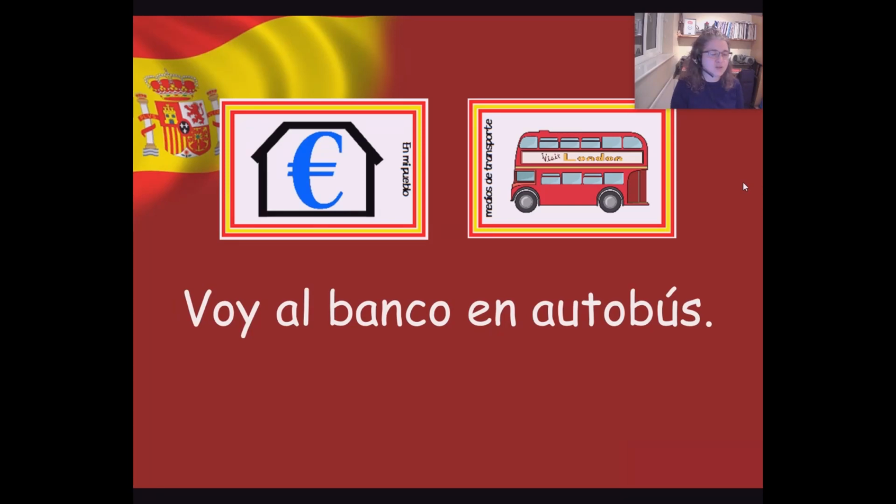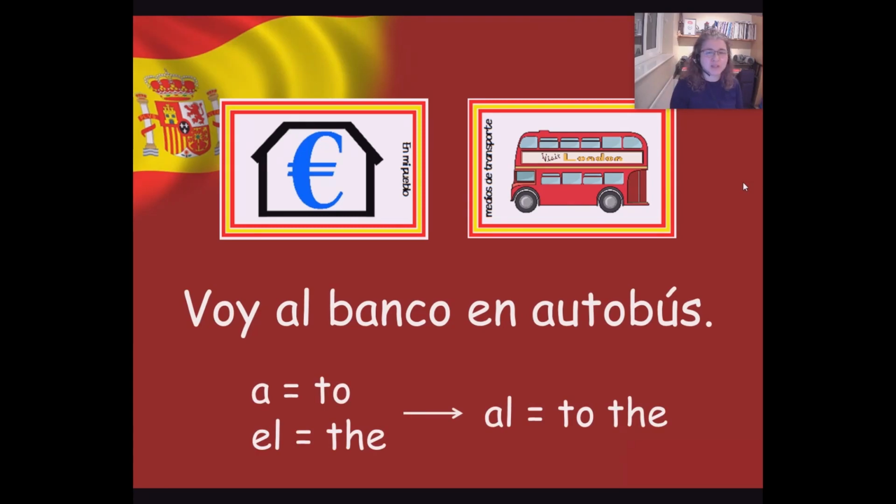Let's just have a closer look at that word al, the second word there. This little word al is actually two words squished together. It's a squishing together of a, which means to, and el, which means the. Now, just like the Play-Doh that you play with the most changes colour the most, they all get mixed together, don't they? And they go a sort of funny brown colour. Well, the words that you use most in language, they change the most.